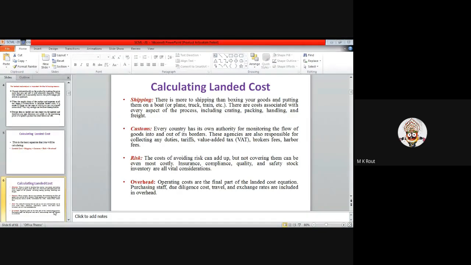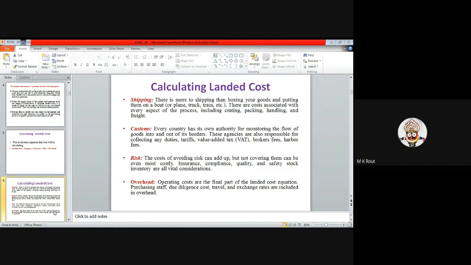Moving to the next part, the last one is overall costs. The operating costs are the final part of the blended cost equation. For example, purchasing staff, due diligence costs, travel, and exchange rate are included in overheads. In most cases, the currency exchange rate plays a vital role in blended cost calculation.